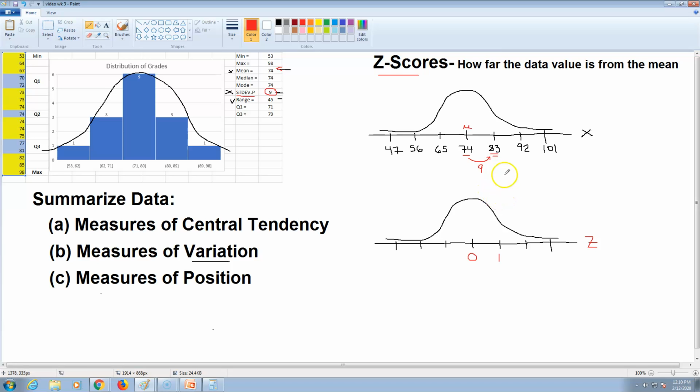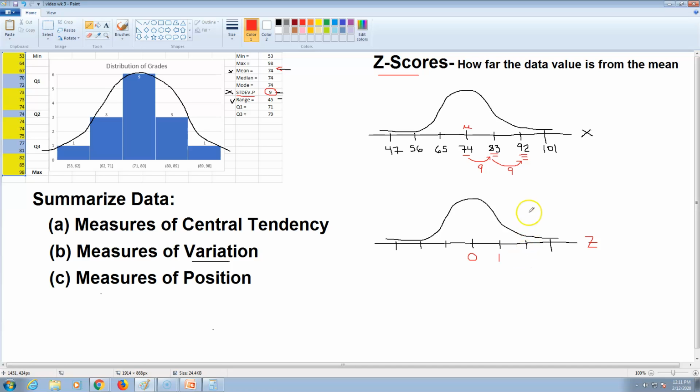Okay, and I'm going to ask you the same question again. How did I get the 92? How many 9s, how many standard deviations did you use from 74 to get to 92? If you see what I'm drawing here, these arcs, I used two 9s from 74. 9 more from 74 is 83. 9 more from 83 is 92.